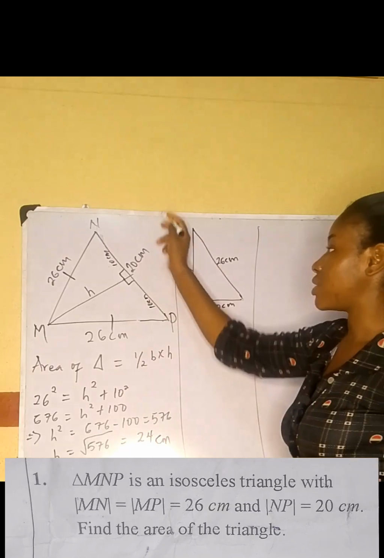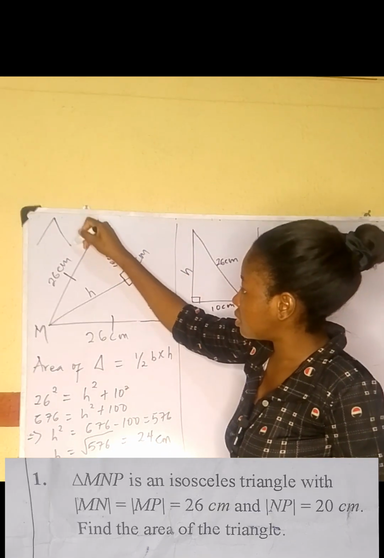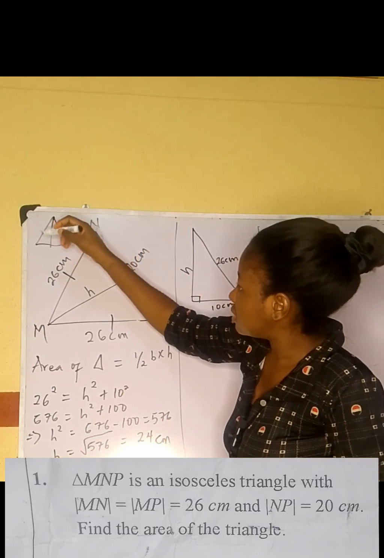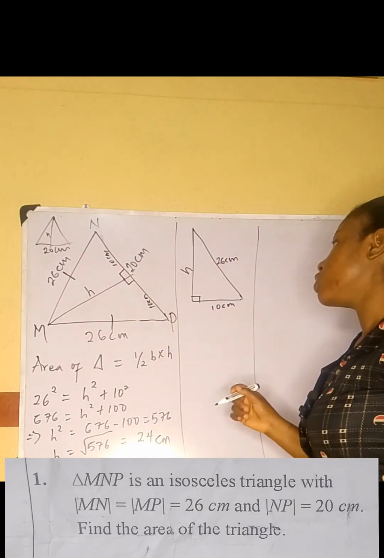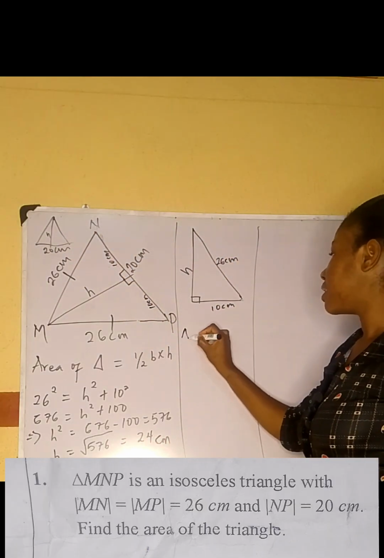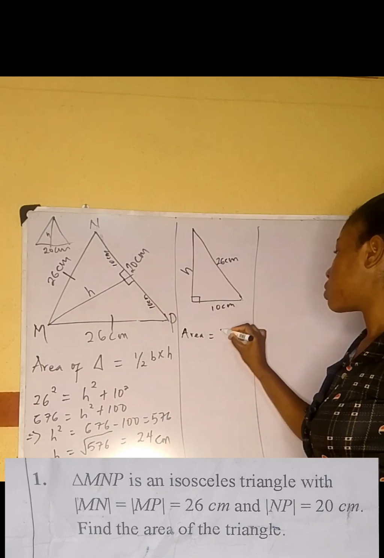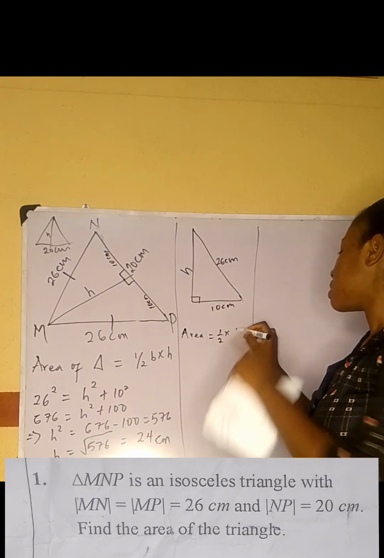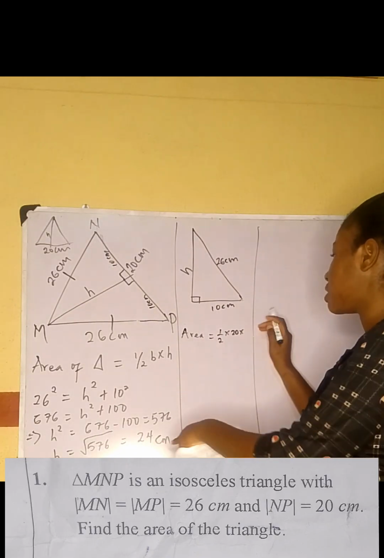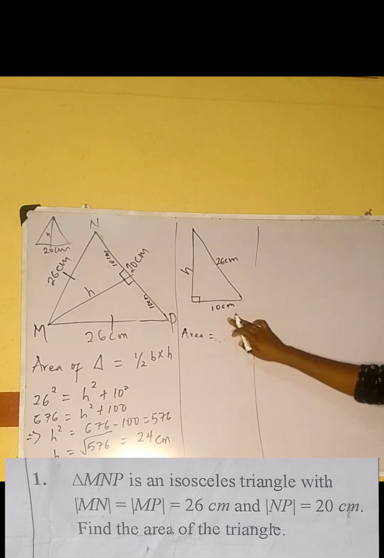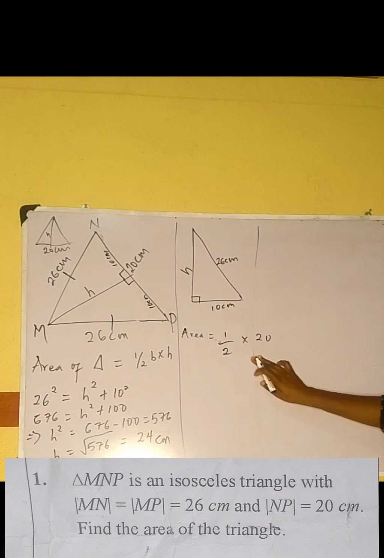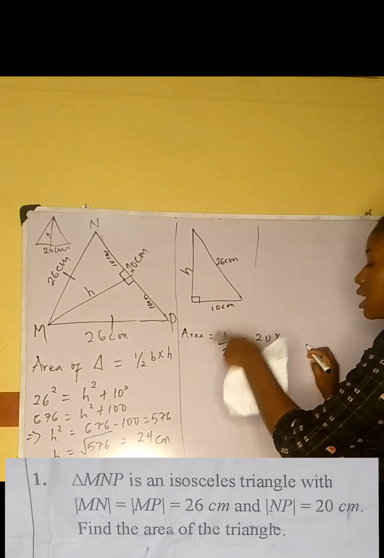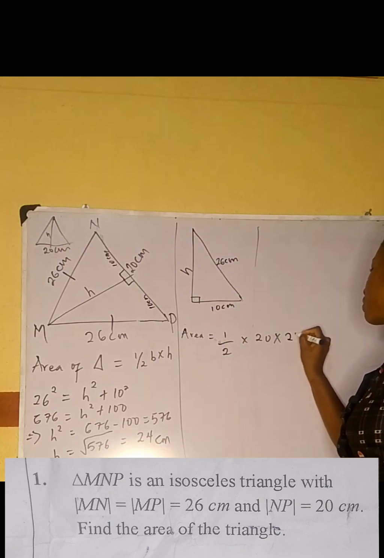So if my h is 24 cm, I can now find the area of this triangle. The area of this triangle is half base times height. Since this is my height, that's the base we'll use. If I redraw this triangle to look like this, this is the height h, and the base there is 20 cm. So using that, my area will now be equal to half times the base, which is 20, times our height, which is 24.